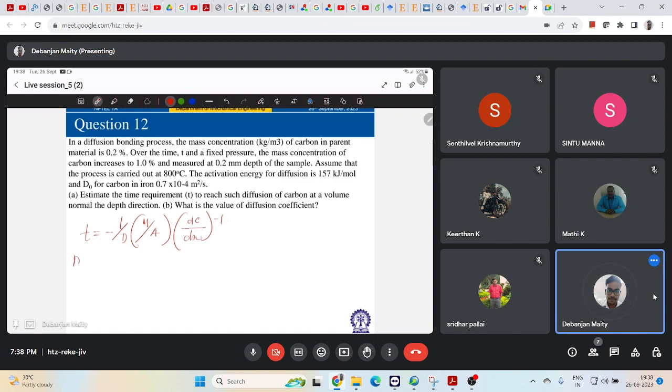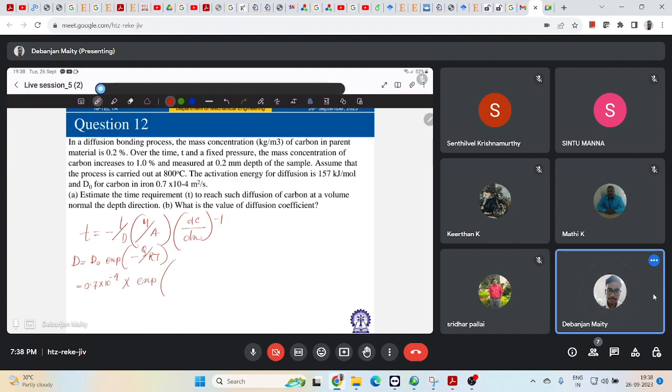Now what is D? D is D naught exponential of minus Q by RT, right? So my D naught is 0.7 into 10 to the power minus 4, that into e to the power minus Q by RT. What is Q?